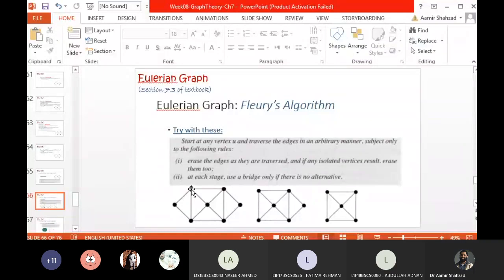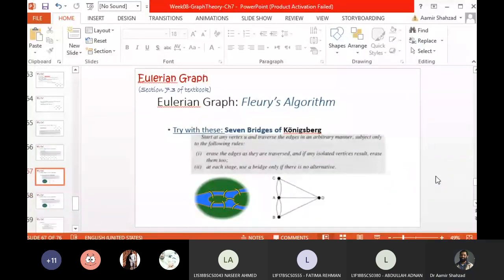So when I go this side, now this is a bridge, but there is no other option. So I go this way and I erase this one. Then I come this way, this way, and then come down over here, this way and this way. So try to do it on paper. जब तक paper पे नहीं करेंगे मजा नहीं आएगा.